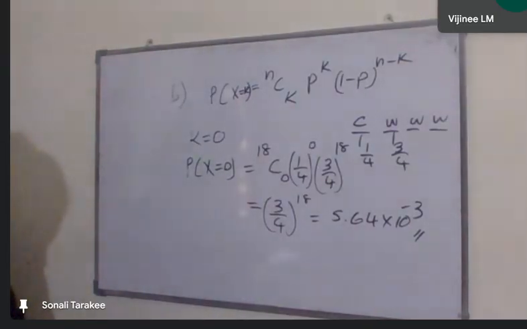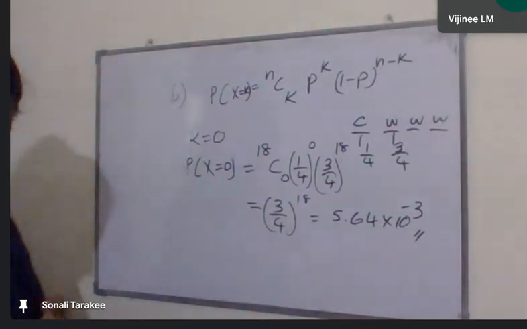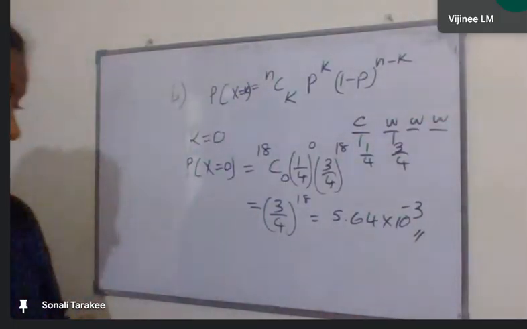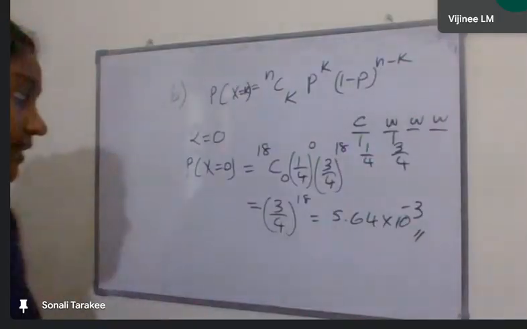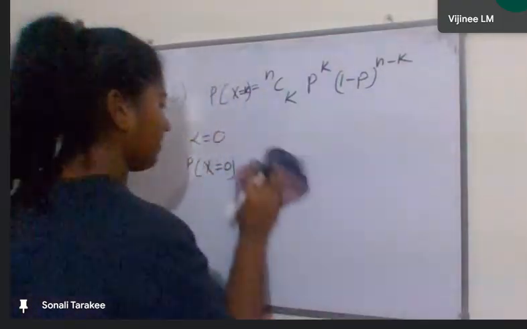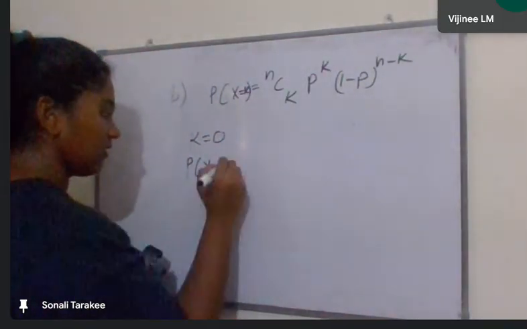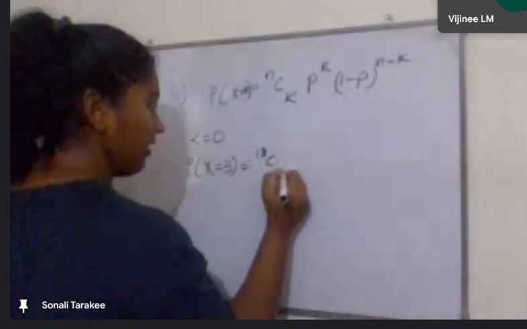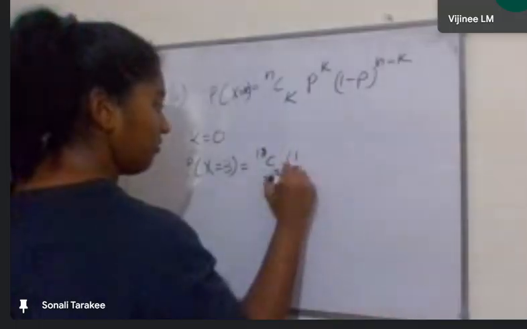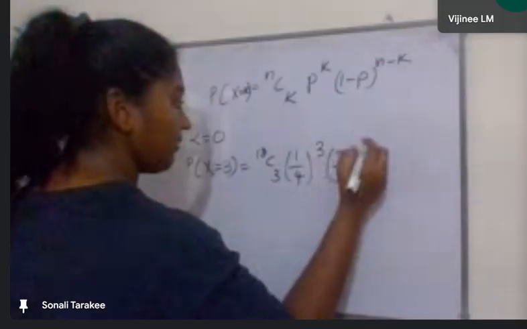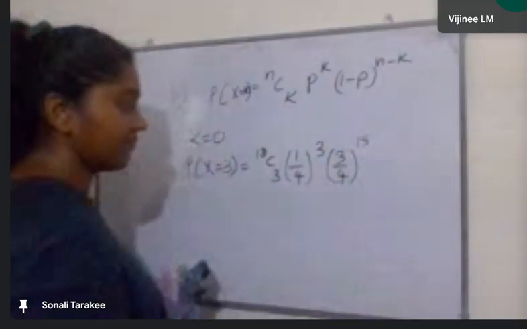Okay, and then they're asking what is the probability that he gets 3 correct answers. That is when X equals 3. That is 18C3, 1 over 4 to the power 3, 3 over 4 to the power 18 minus 3, which is 15.